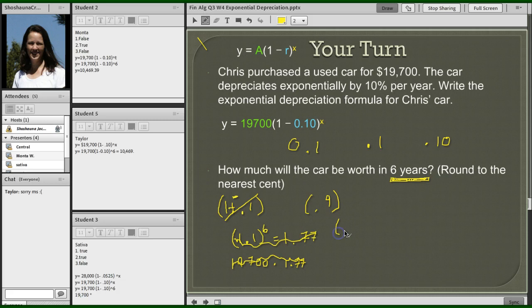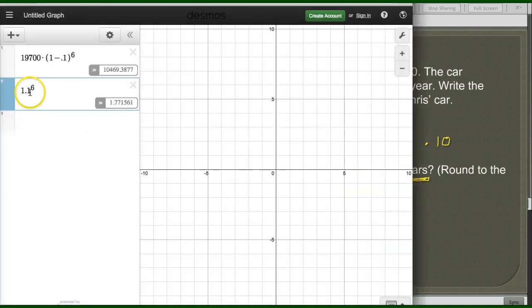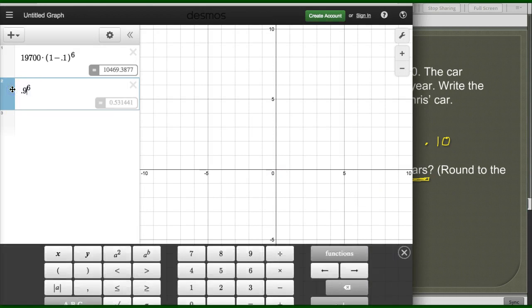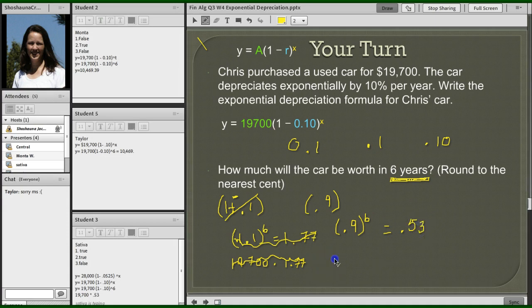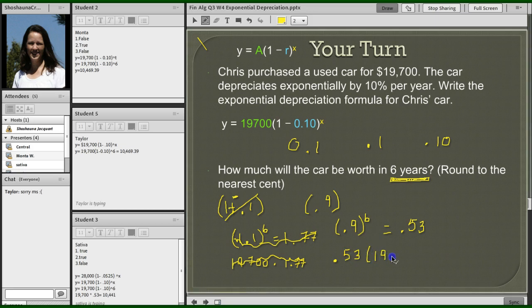So 0.9, and if I do 0.9 to the 6th power, it's 0.53. And then we take 0.53 times 19,700. Then our answer should turn out.